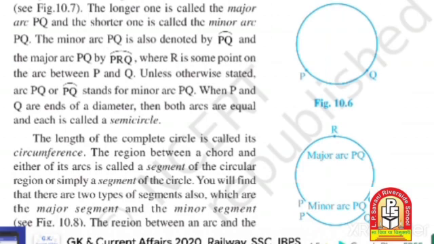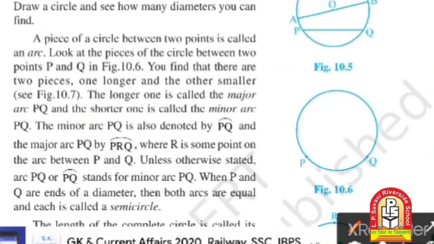There are two types of arc. First is the major arc and second is the minor arc. If the arc has a length more than a semicircle, then it is called a major arc, and if the arc of the circle is less than the semicircle arc, then it is called a minor arc.